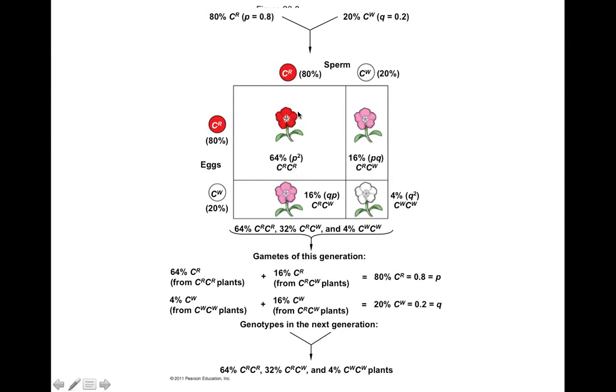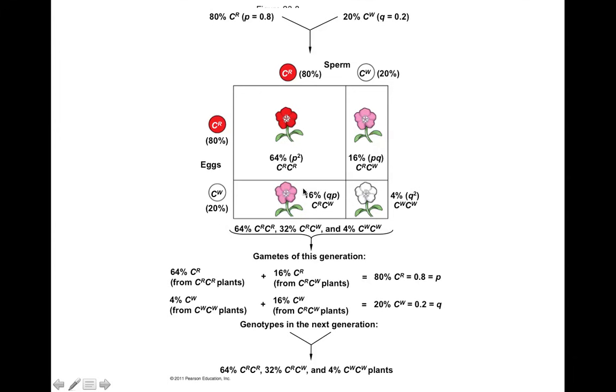All right, so why is P squared the value for homozygous CR? Because it is 0.8 times 0.8, which gives us 0.64. Why is CW Q squared? Because it is 0.2 times 0.2, or Q times Q gives you CW CW. And why do we get 2PQ?